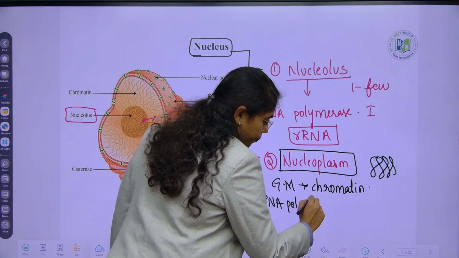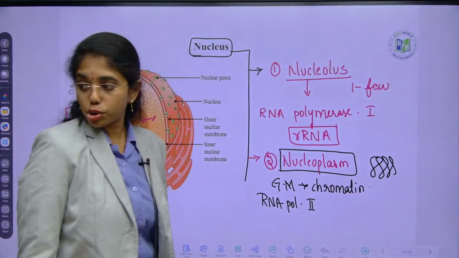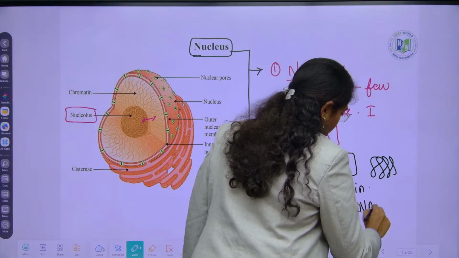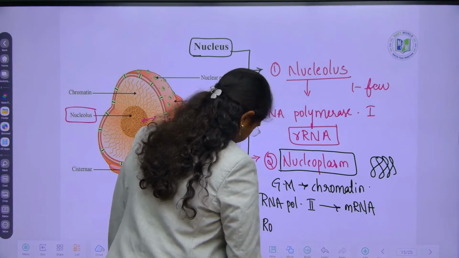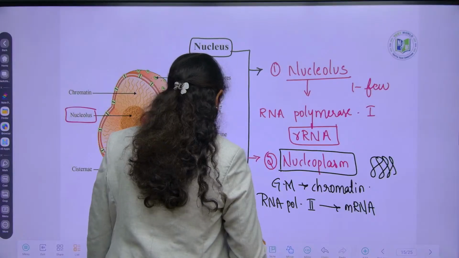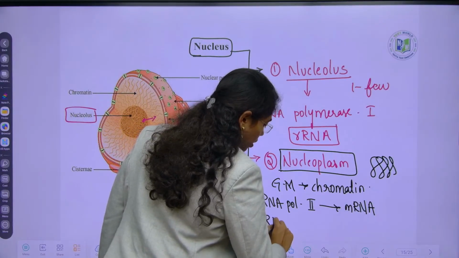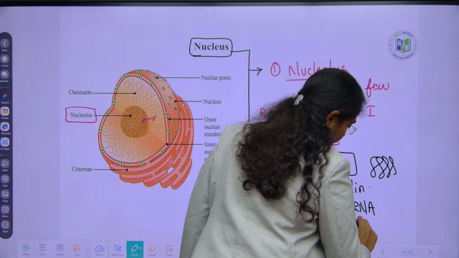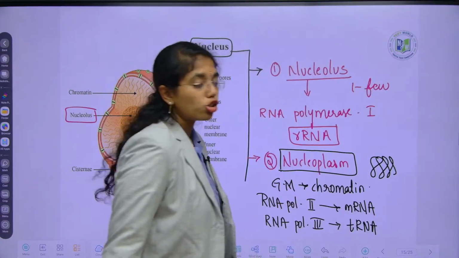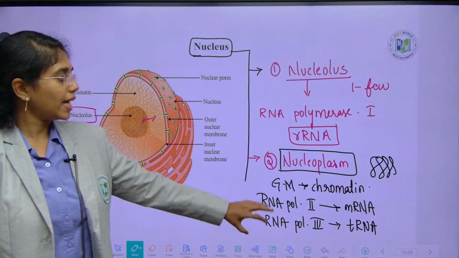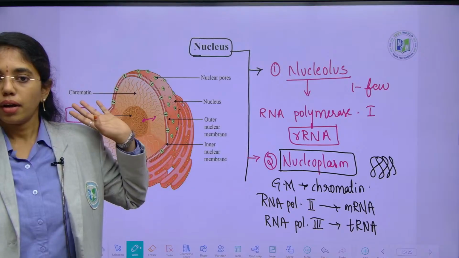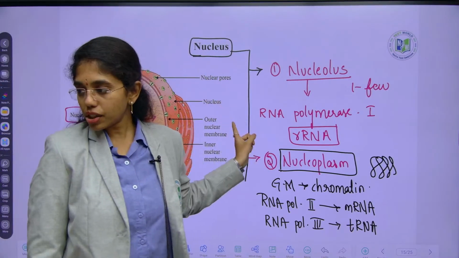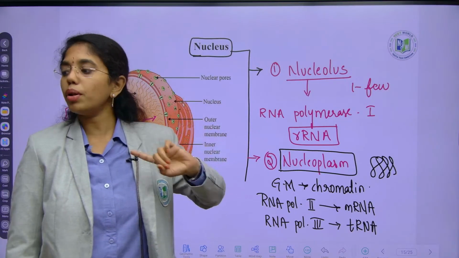If you remember, RNA polymerase 2 will synthesize mRNA. RNA polymerase 3 will synthesize what? tRNA, which is also known as soluble RNA. These sites and locations you have to remember. Questions might be asked from molecular basis, but if you remember the regions and locations here itself, it will be easy for you there.